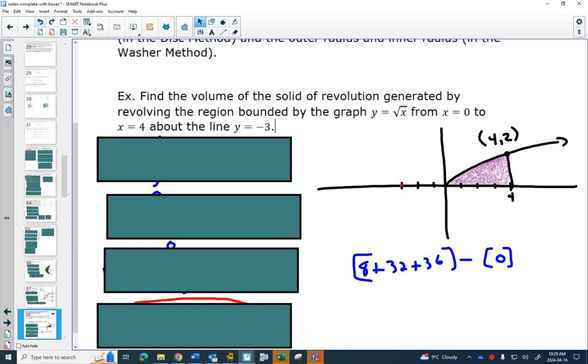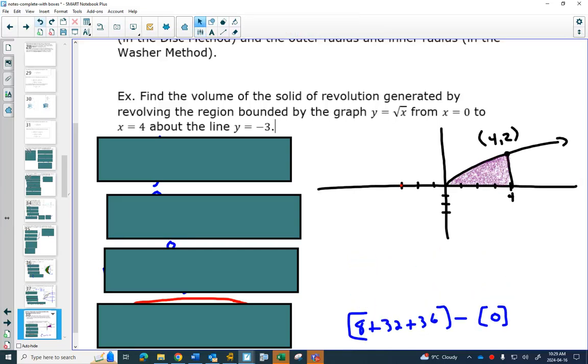Can you see yourself ever making that mental math mistake? Y equals lines are horizontal. So y equals -3 is this line. If I just took that 2D shape and reflected it over, which is kind of exciting because you did that in grade 9 math.